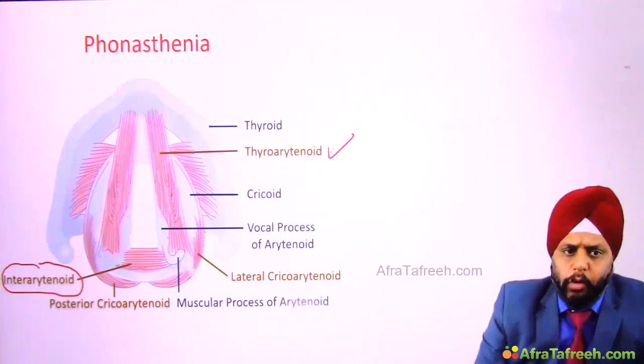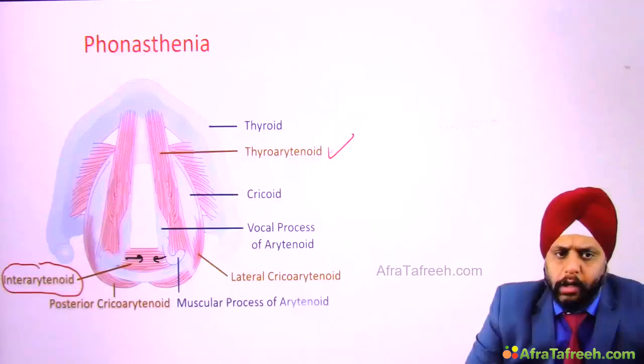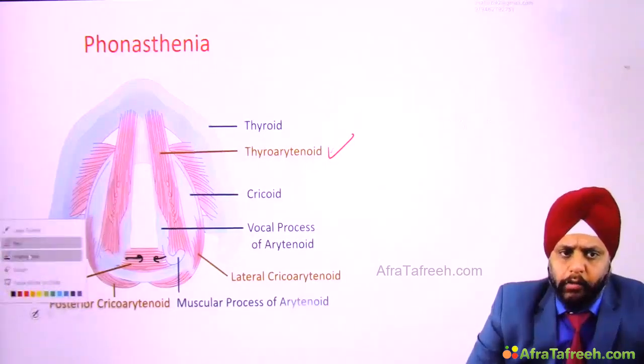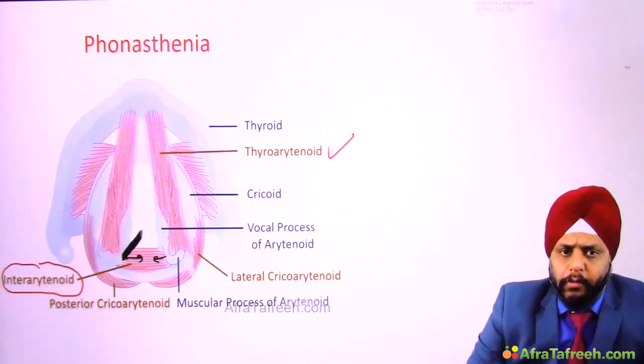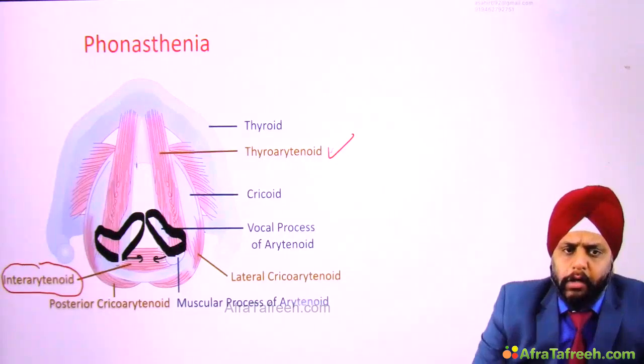Now let's say the thyroarytenoid is working properly, but the interarytenoid or the transverse arytenoid has undergone phonasthenia. So we have lost this function. These are not coming together. So what happens now? The arytenoids are rotated by the lateral cricoarytenoid and the thyroarytenoid.